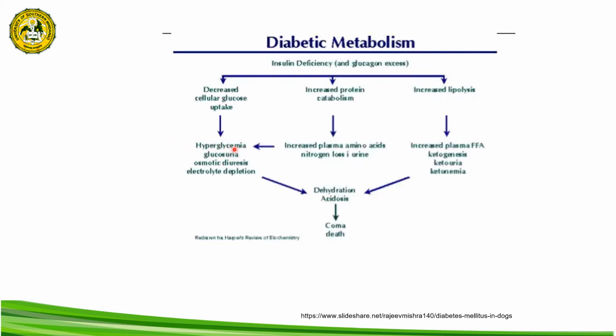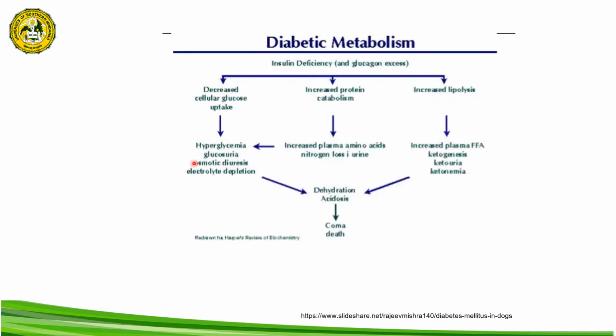There will also be glucosuria, or the presence of glucose in the urine. There would also be osmotic diuresis, or this is a condition wherein there is an increase in urination due to the presence of certain substances in the fluid filtered by the kidney.